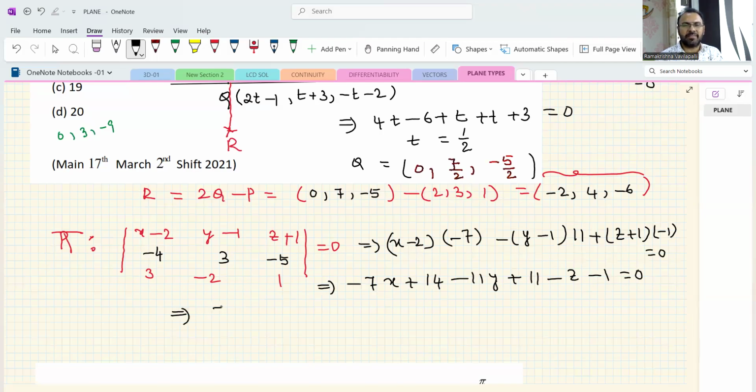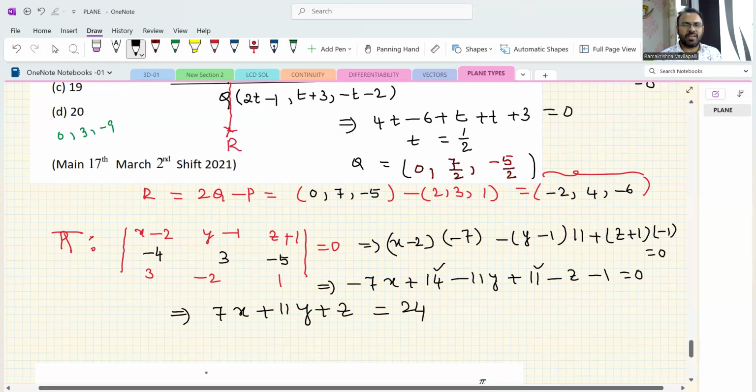This implies 7x plus 11y plus z equal to, this is 14 plus 11, 25 minus 1, 24 left here. So we got it. So this is alpha, this is beta, and gamma is 1.